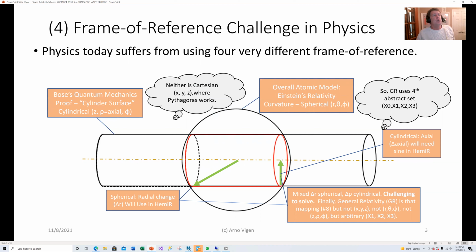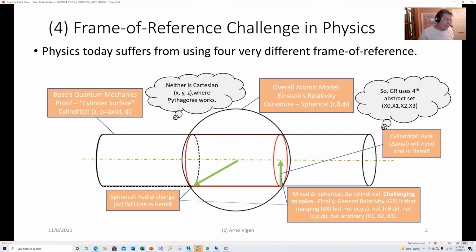However, we have two different systems that also work. We have the overall atomic model, which is sort of a big ball of electrons around a nucleus in the center. Okay? And that is sort of Einstein's relativity. On the other hand, you have these rings, this longitudinal ring, which is called the cylinder surface in Bose proof of quantum mechanics.